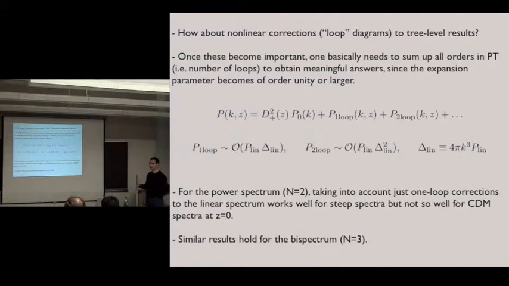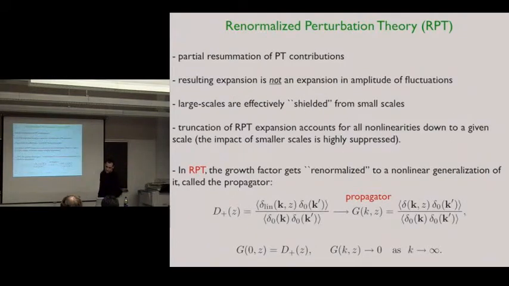I'm going to try to do some resummations and show that you can build, out of this ill-behaved perturbation theory when you approach size of perturbations of order 1, a well-behaved perturbation theory, which will have a completely different behavior. So let's see how this works. This is the so-called renormalized perturbation theory.